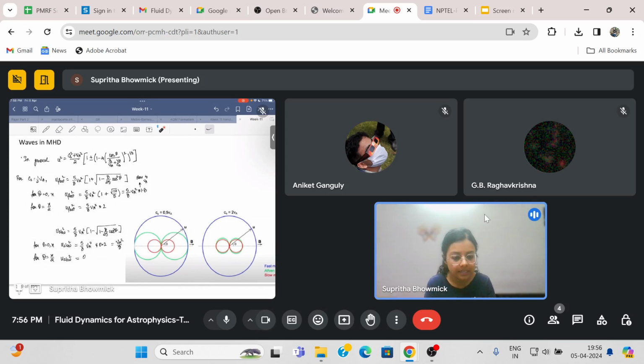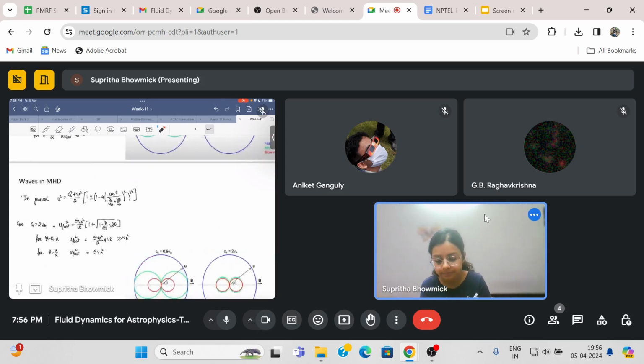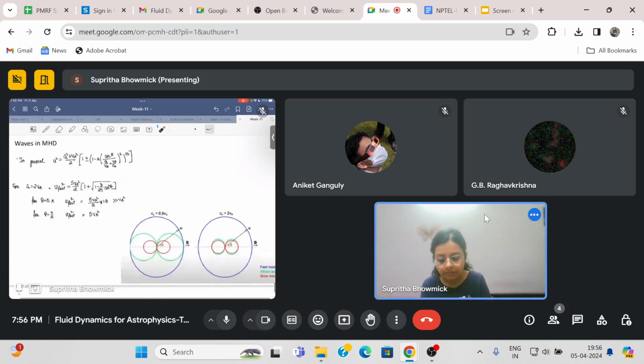The same analysis you can repeat for Cs equals 2VA. I will not bore you with the details because we just went through it. For Cs equals 2VA, you plug this in over here. You get u fast square equals to this. At theta equals 0, u fast square turns out to be 5 by 2 VA square times 1.8. What is this?